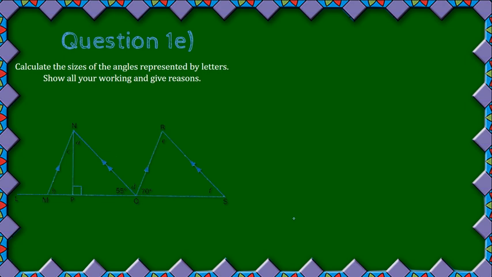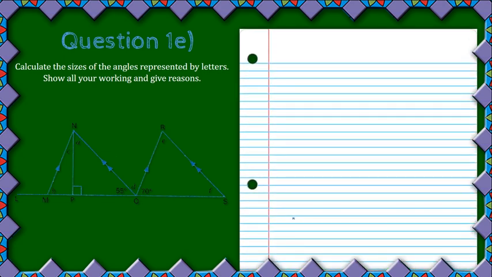Then question 1E. So once again, we draw statement, reason. Okay, so we have A, B, C, D, E, F. All right, let's start with A. So if we look at A, we see that that is in a triangle where the other two angles are known.